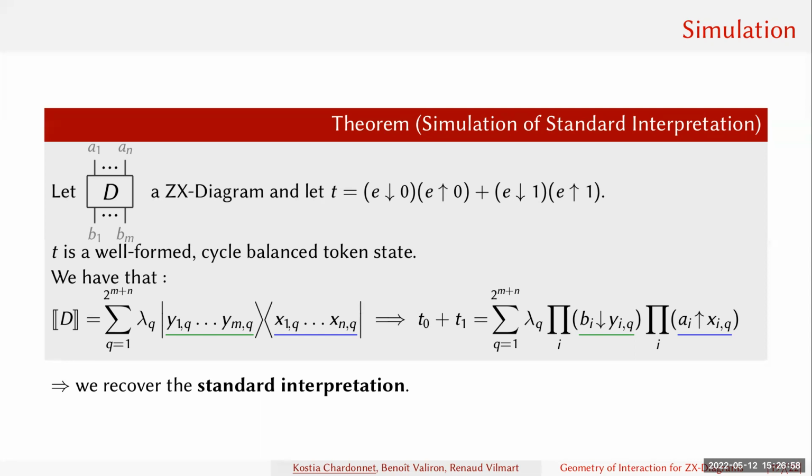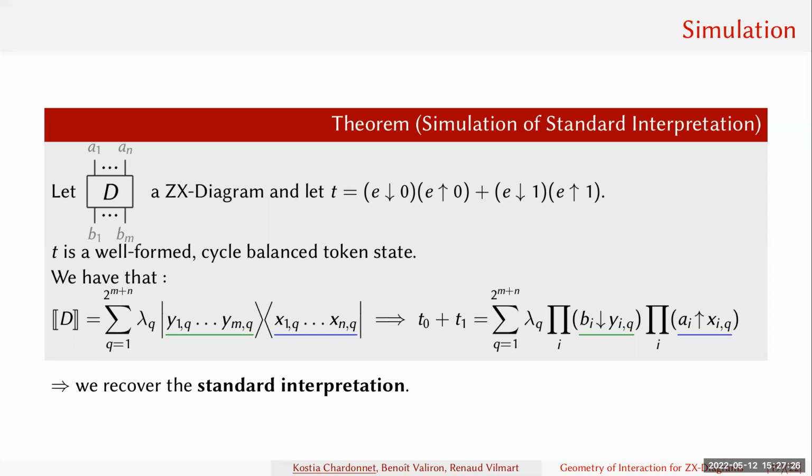And also, if the semantics of the diagram D is this huge formula, a sum with some coefficient lambda q and some ket in the state y1 to ym with the state x1 to xn, then the state T, after reweighting, will give a token state which is a sum of products.